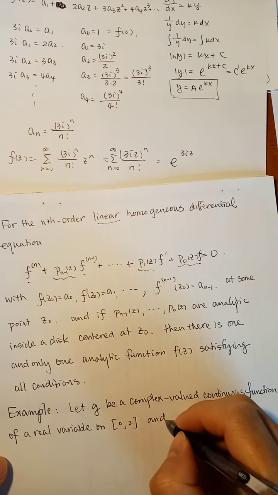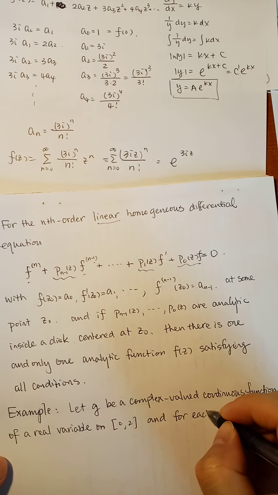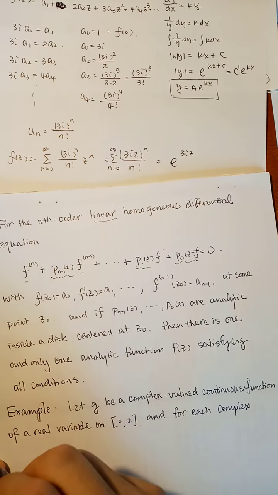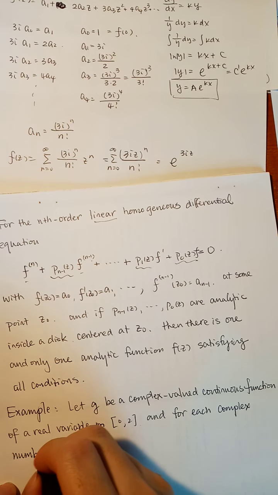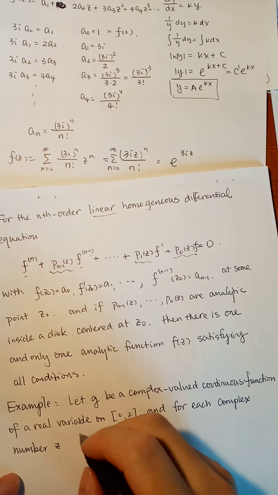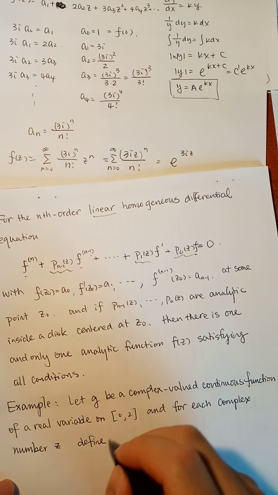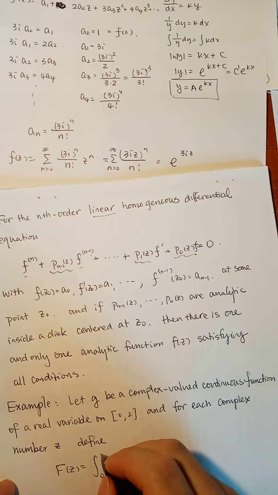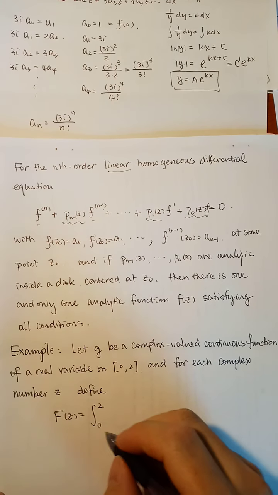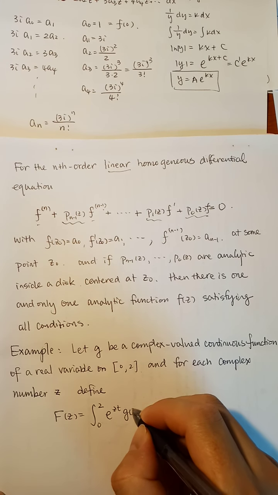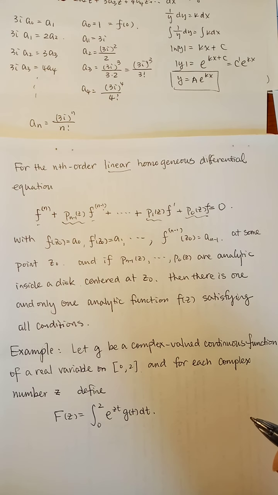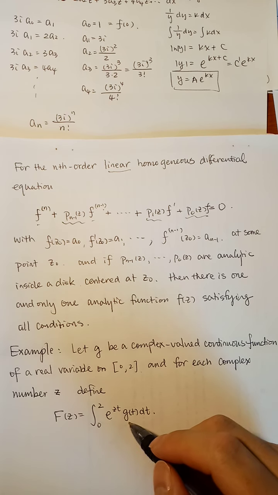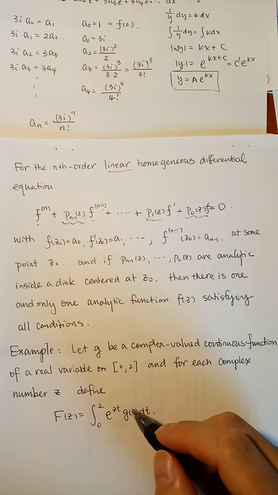And for each complex number z, define f of z equal to the integral from 0 to 2 of e to the zt times g of t dt. Okay, so you integrate a complex valued function.